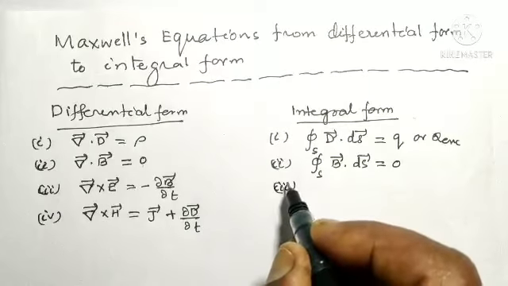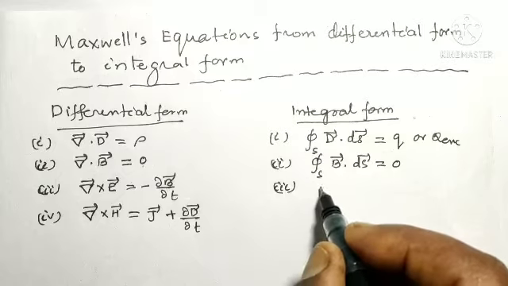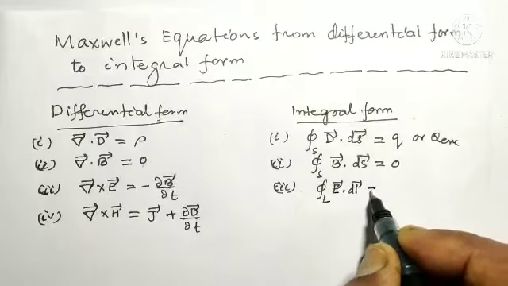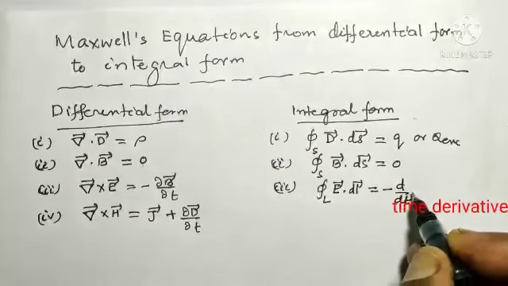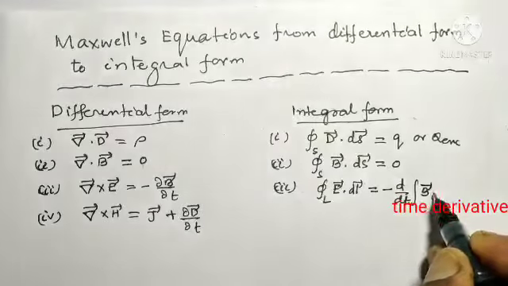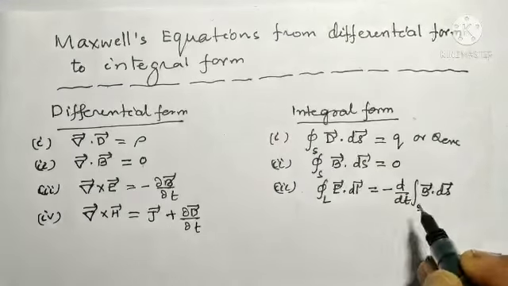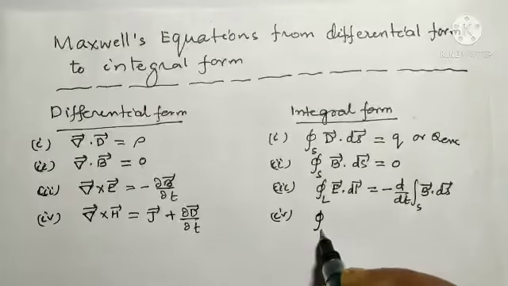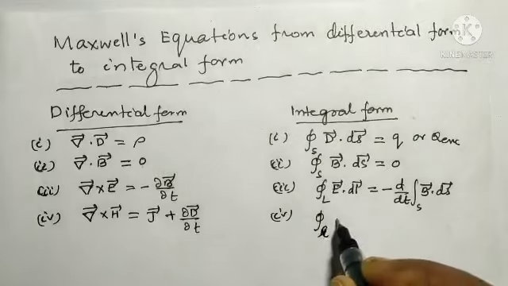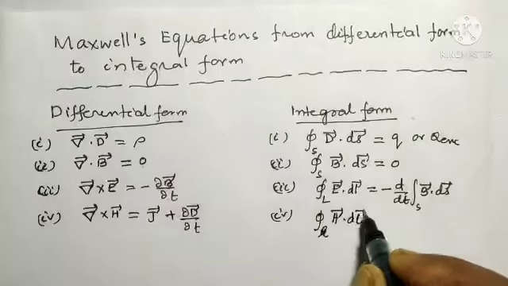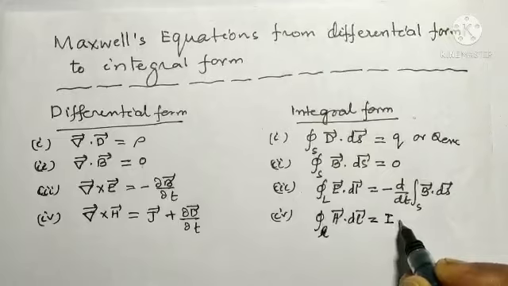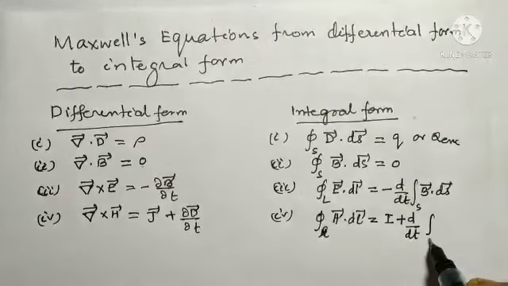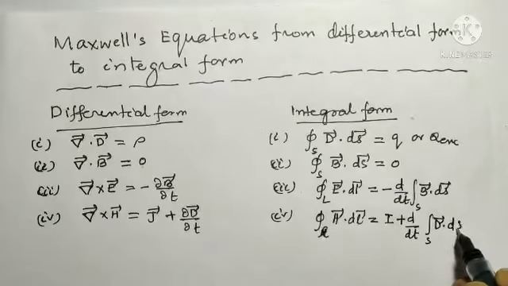And third, curl E equal to minus del B by del t can be converted into line integral of electric field intensity is equal to minus time rate of magnetic flux. And fourth one, that is curl H, can be converted into line integral of magnetic intensity, which is equal to current enclosed plus d by dt of surface integral of electric displacement.